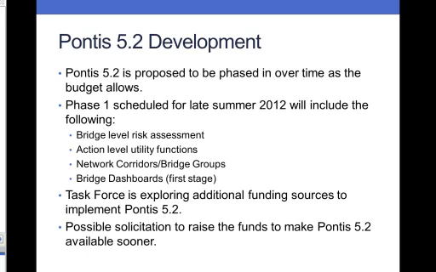That feature is also slated to be in phase 1. In addition, Pontis 5.2 is going to support the capability of developing projects based on network corridors and/or geographic groups of bridges.